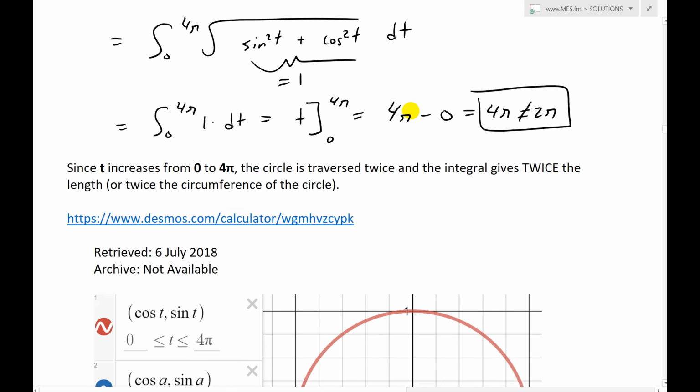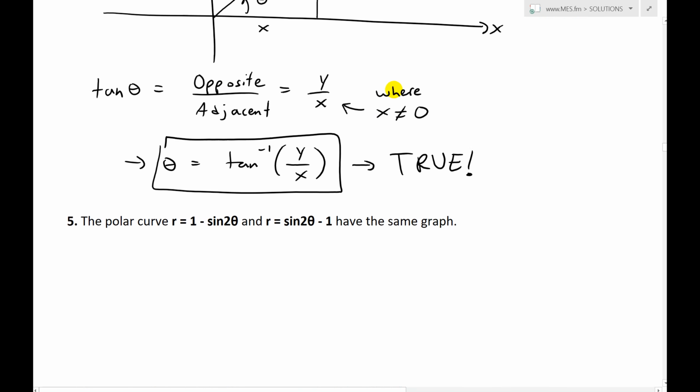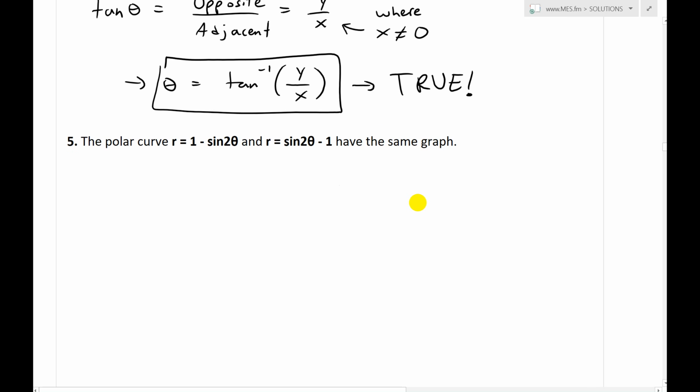So let's scroll back here. Now let's look at statement 5, which states the polar curves r equals 1 minus sine 2 theta and r equals sine 2 theta minus 1 have the same curve. The first thing to note is that these are very similar.